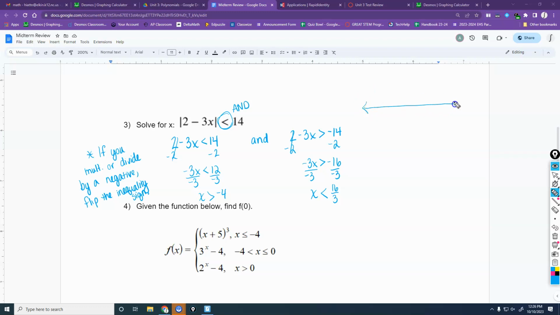So you don't necessarily have to graph it, but sometimes it helps me to see what I'm looking at. So you got this shaded here, you got this one shaded here. It's all the numbers between negative 4 and 16 over 3. How do I write that answer?